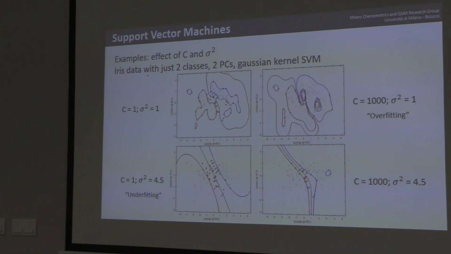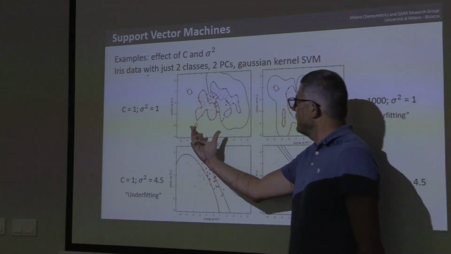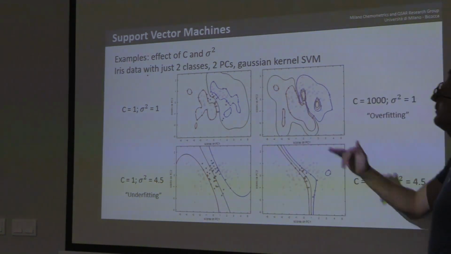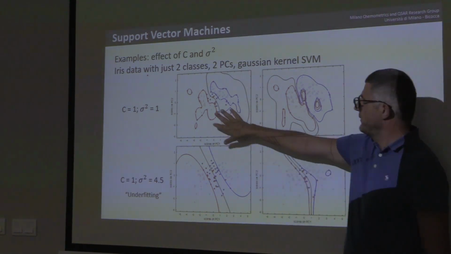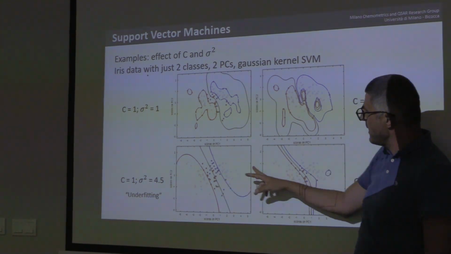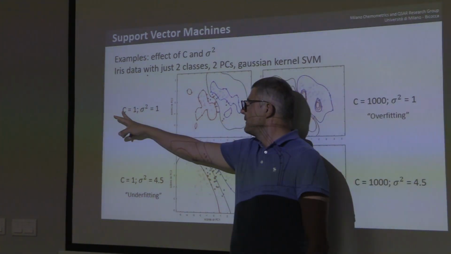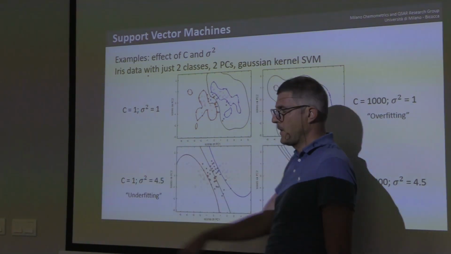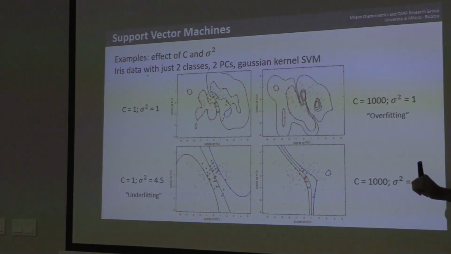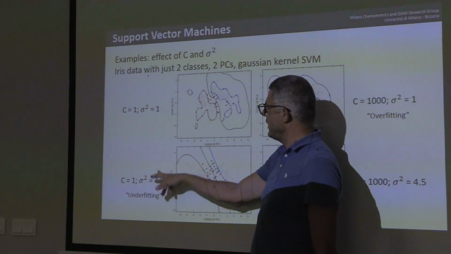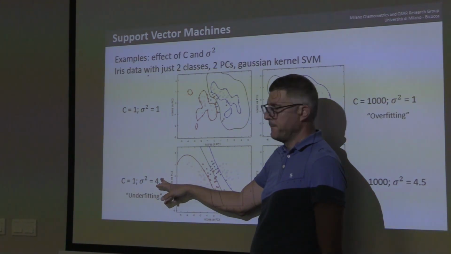So instead of using two variables, here I'm using all the features, which are the training samples. And you have 4 cases where I changed the cost and the sigma. Let's try to see what happens when we fix the cost and we change sigma.